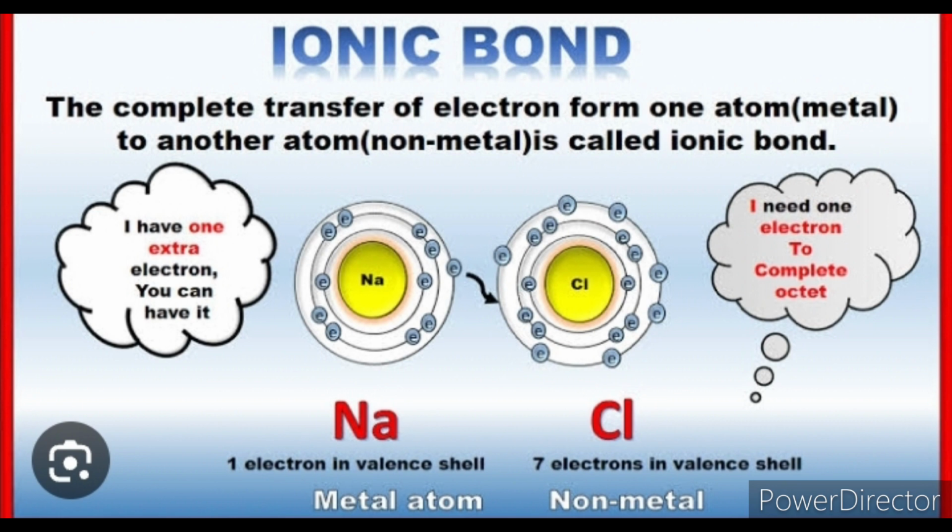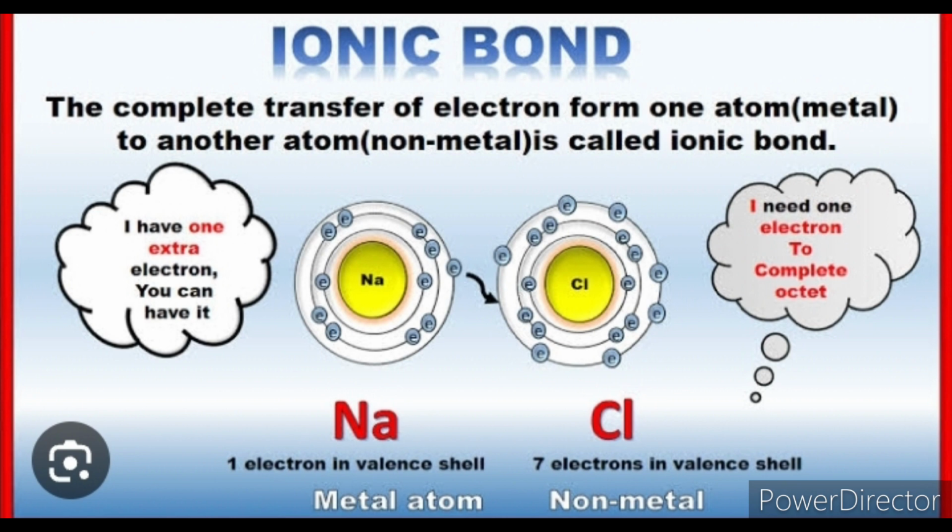If sodium loses its one electron and it is transferred to the chlorine, sodium can attain an inert gas configuration, that is neon, whereas chlorine, which takes one electron from the sodium, becomes argon. In this way the bond is formed by the transfer of one or more electrons between atoms. That is the reason the ionic bond is formed.